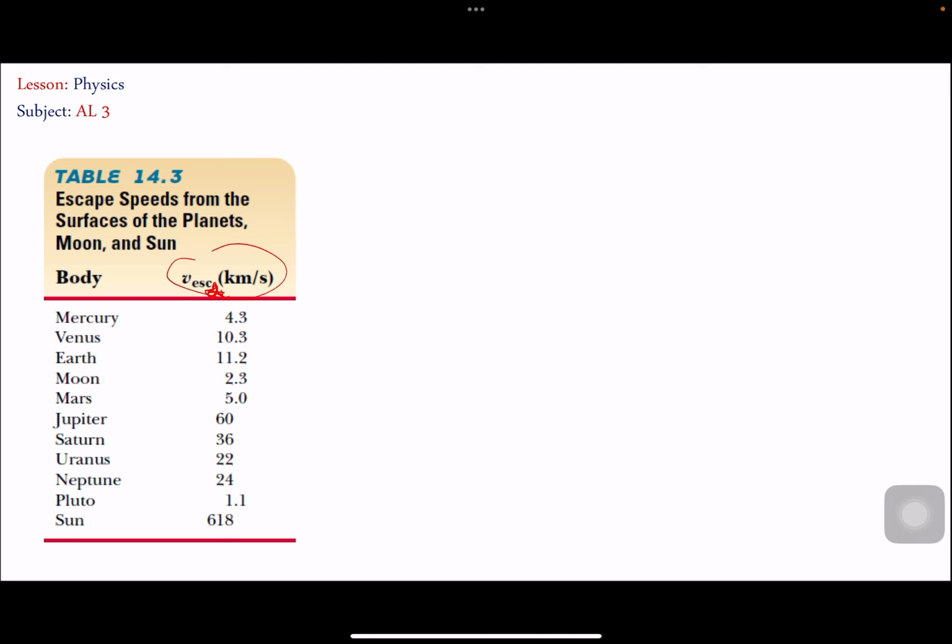So the general formula for all these planets is the root of 2 times g of this planet times its radius. You may calculate the values given in the table by using this formula, or the longer formula, that is G times the mass of that exact planet. Sorry, I made a mistake here.